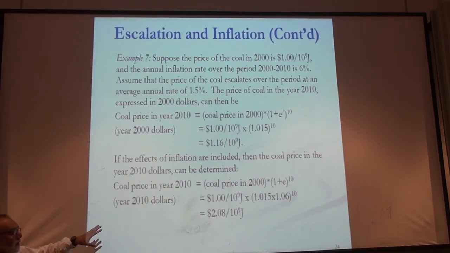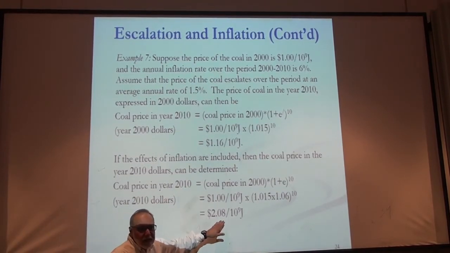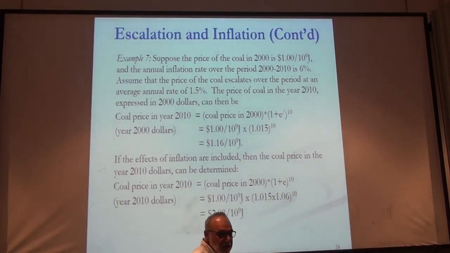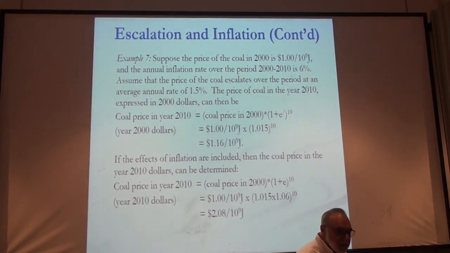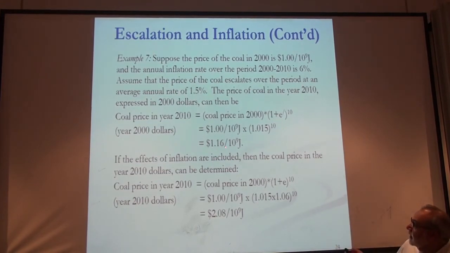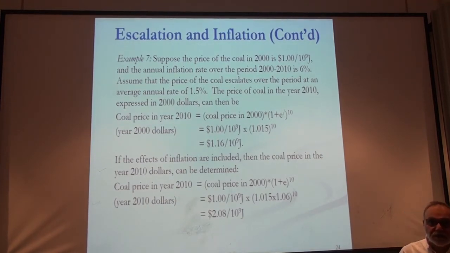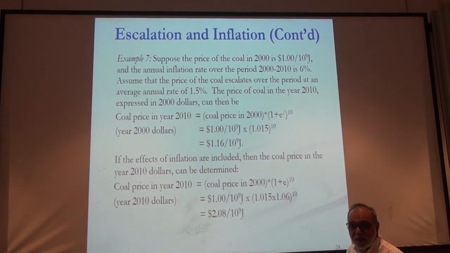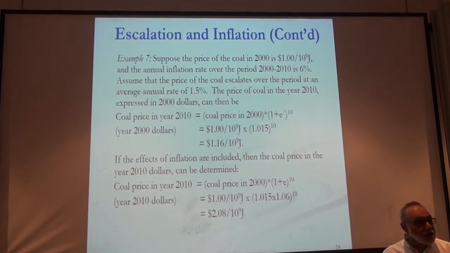As you can see, apparently it seems that prices have doubled, but in reality the prices have not doubled; they have only increased 16% in real terms. In constant dollars they have increased 16%, and in current dollars they have gone up 2 times.